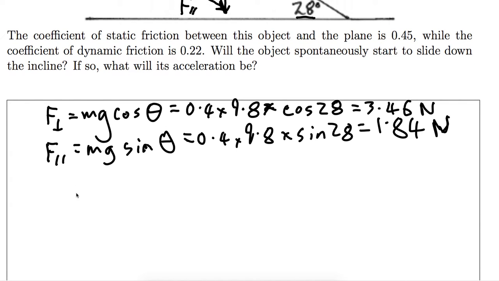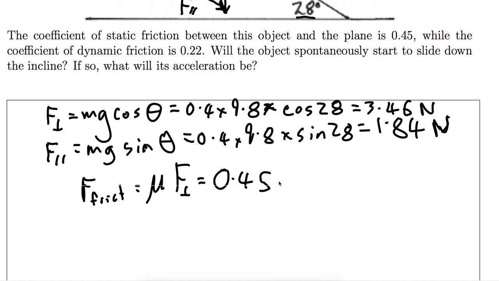So let's find out what the frictional force will be. Force of friction is equal to mu, the frictional coefficient, times, in this case, the normal force, which is the force at right angles to the surface. And the normal force is just F perpendicular. So we said the coefficient of static friction is 0.45, and the perpendicular force we just calculated to be 3.46 Newton.